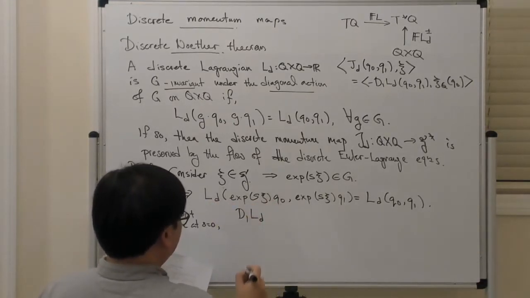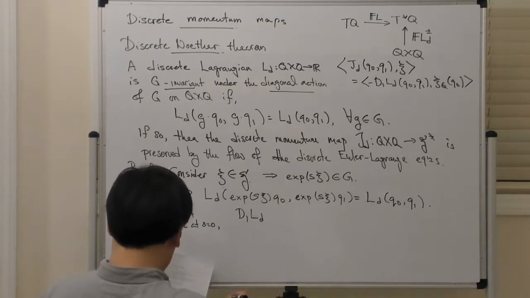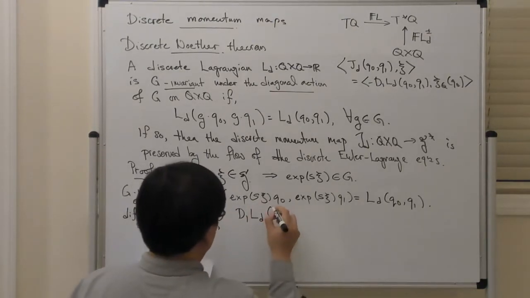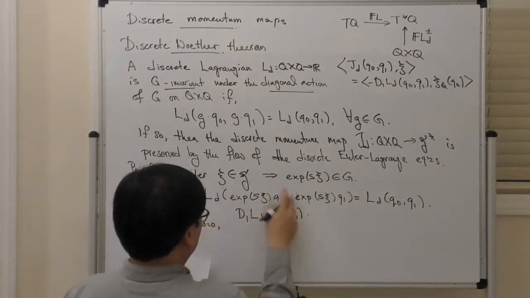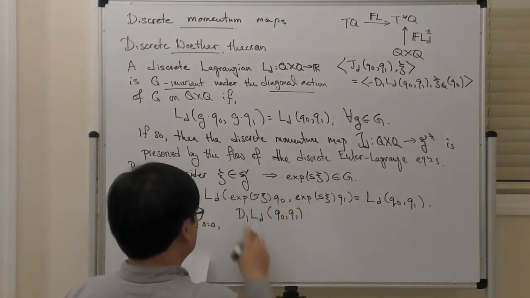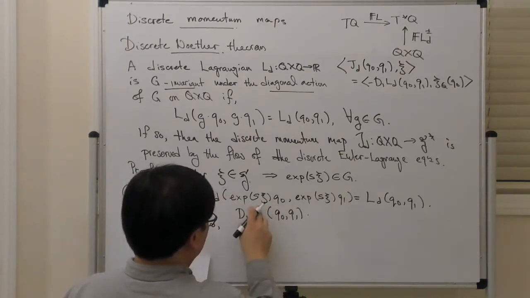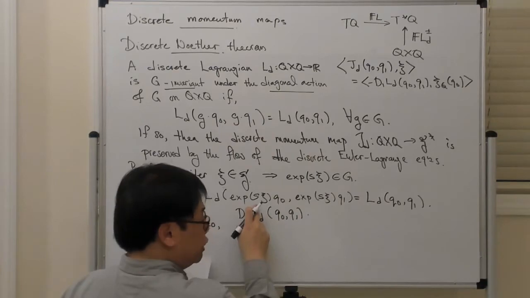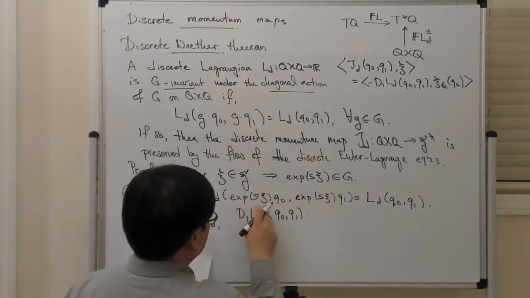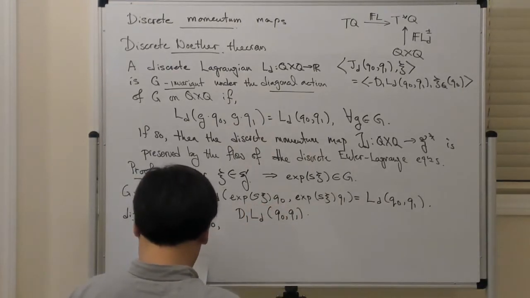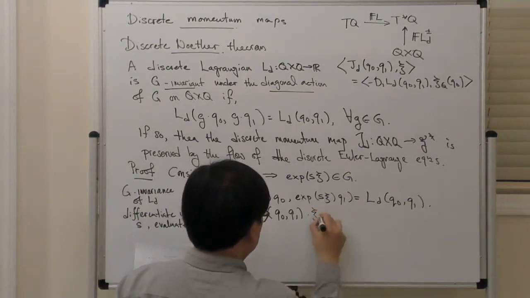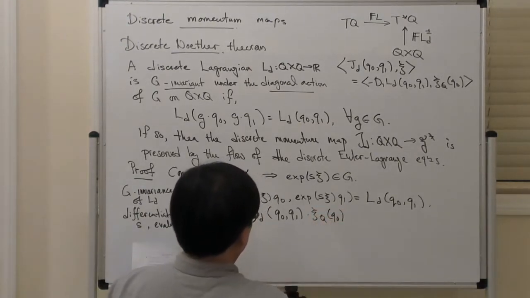And then you evaluate at s equals 0, so that's q0, q1. And then you multiply by the derivative of this thing. By definition, this is really just the infinitesimal generator of ξ evaluated at q0. Okay, so this is ξ_Q(q0), right?